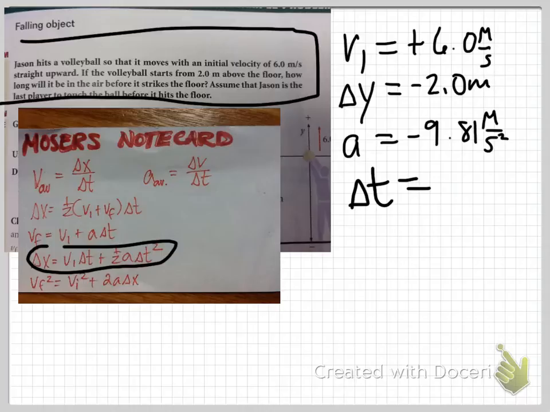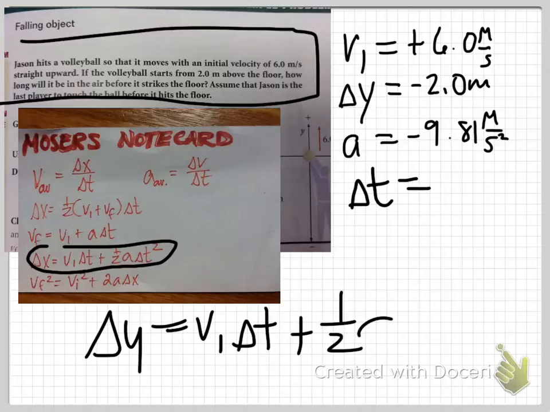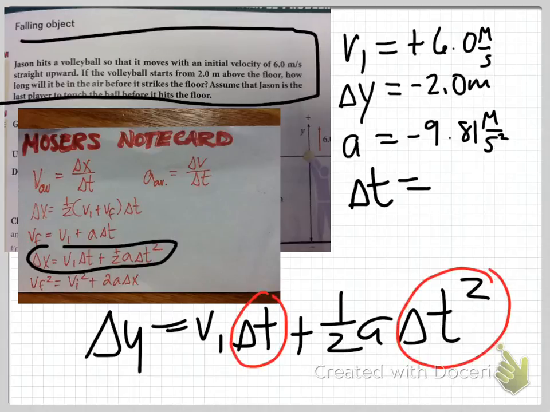Anybody see it immediately? So if we use delta y equals vi delta t plus 1/2 a delta t squared, what variable are we solving for? t. Unless the vi is 0 and this goes away, which it doesn't in this case, what kind of solve would this be? How do you solve an equation for a variable where you have that variable twice and one of them is squared?